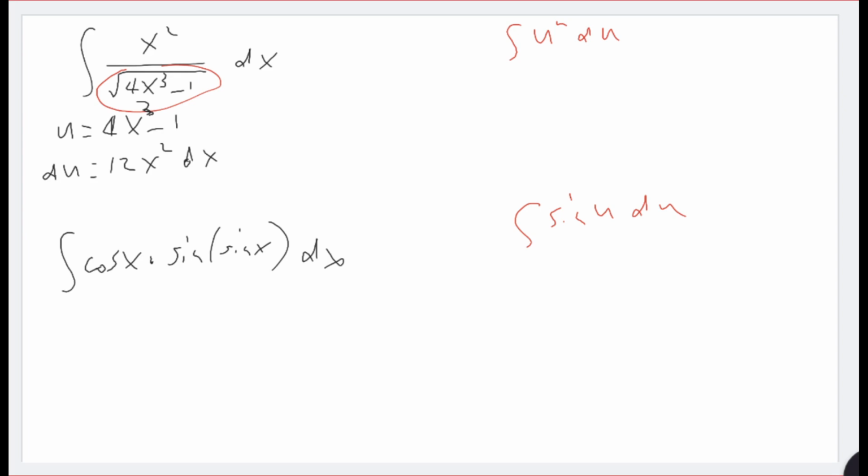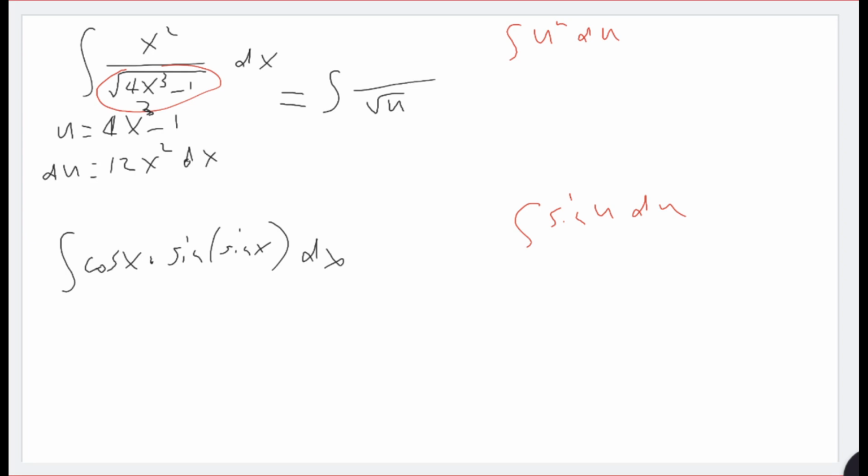All right, so now we can start to make a change in the integral. So the bottom, more complicated part, becomes the square root of u.